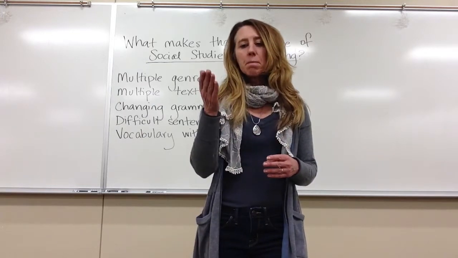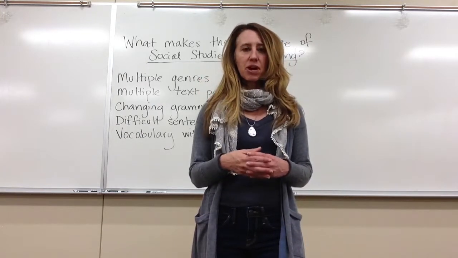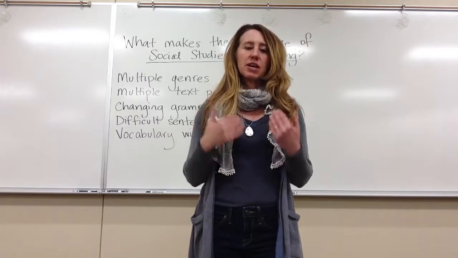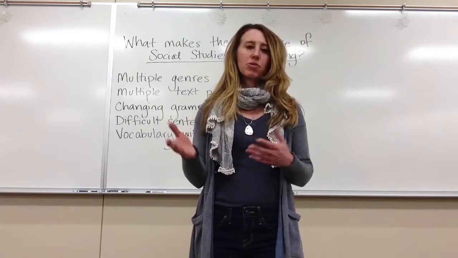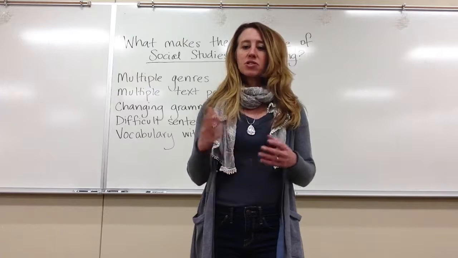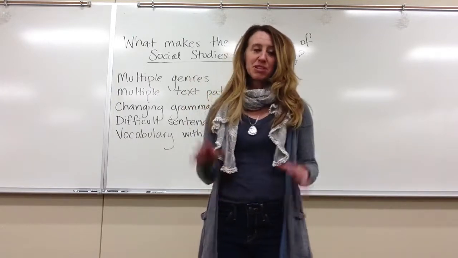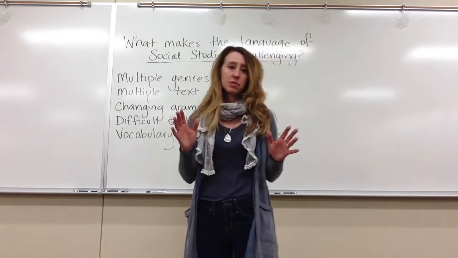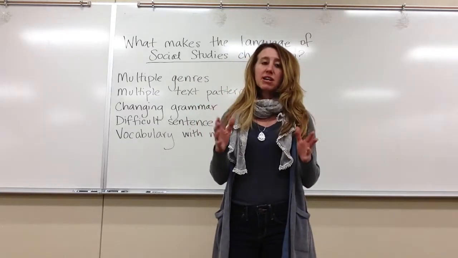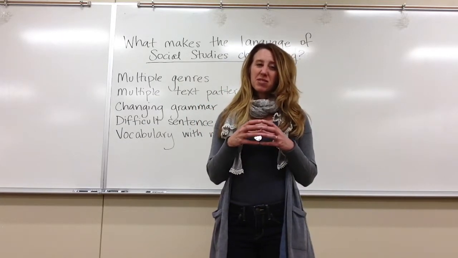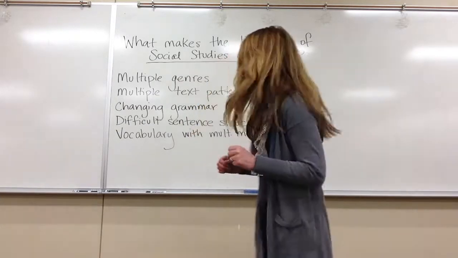It would be impossible to understand that paragraph if you didn't understand what the nouns and pronouns were referring back to. So that's just a perfect example, actually. It was kind of random, but a perfect example of text cohesion that makes reading and social studies really difficult.